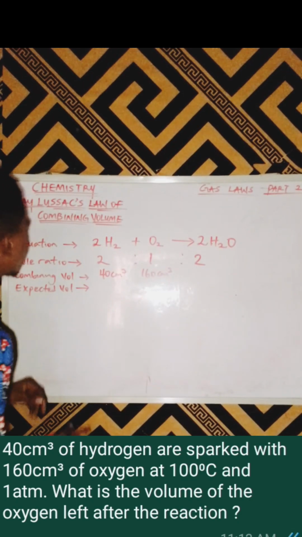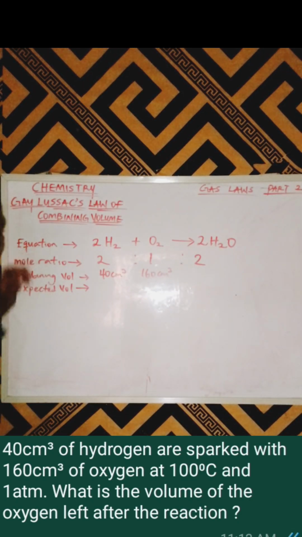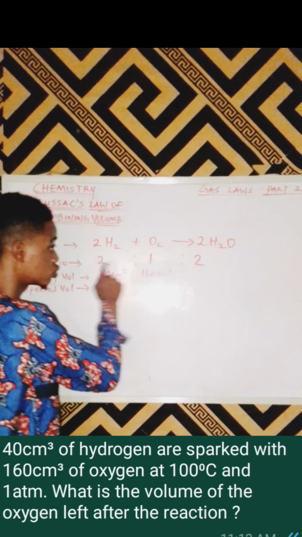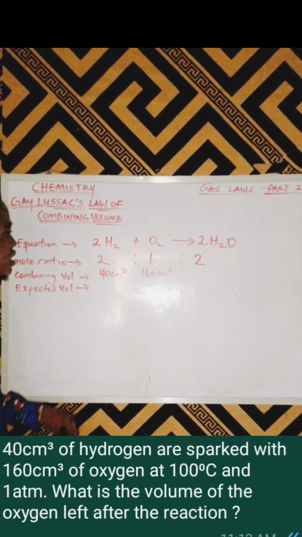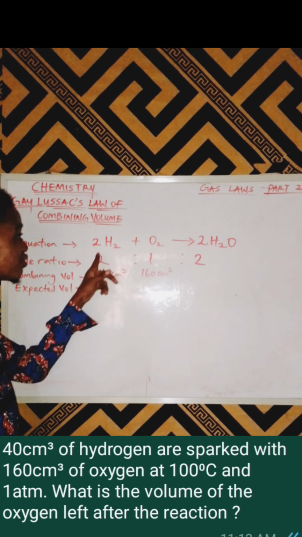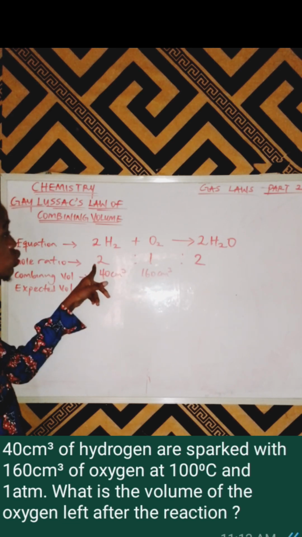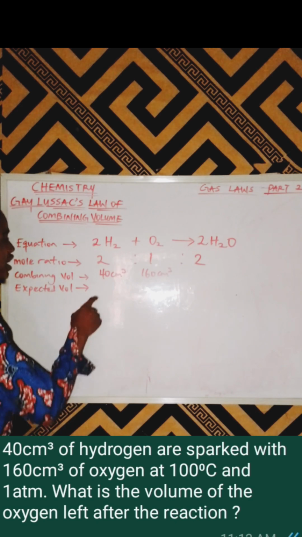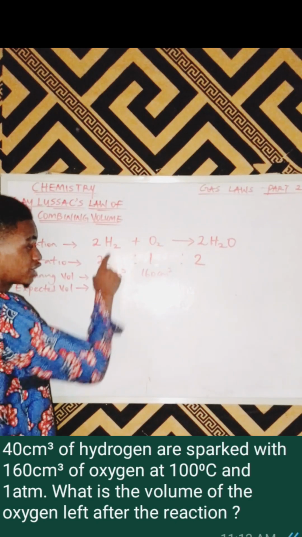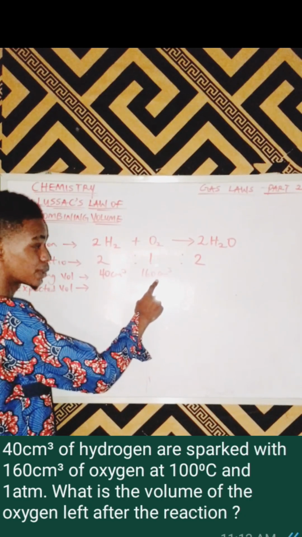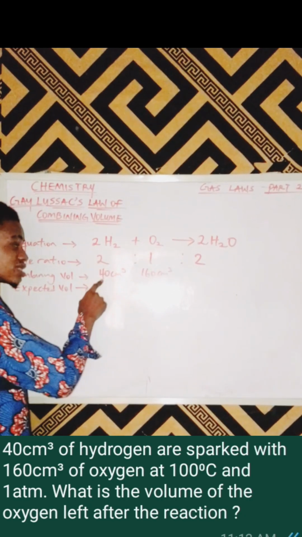Now listen. So now I have 2:1. It means that oxygen is half of hydrogen, or hydrogen is twice oxygen. So now I ask myself, if I have 40 cm³ of hydrogen, I'm going to need 20 cm³ of oxygen to react with 40 cm³. Why?